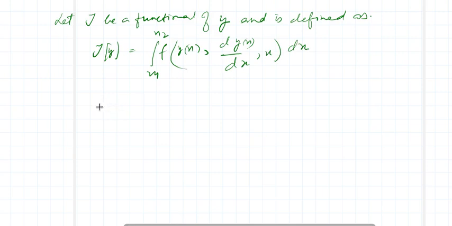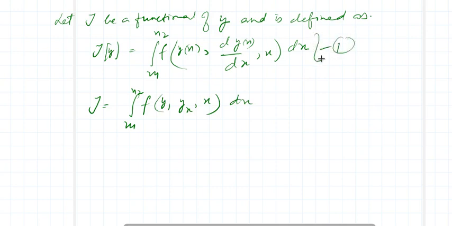This is it. So let us write it in the short notation. So J is simply integral from x1 to x2 of f of y, y_x, meaning derivative of y with respect to x, and x, right, into dx. So let me call this equation number 1.